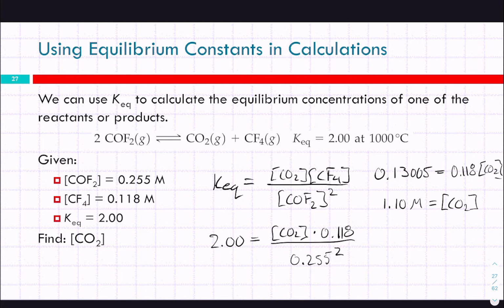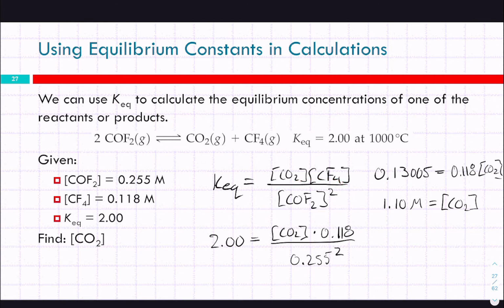So in this case, we had COF2. We also had carbon tetrafluoride. And we wanted to figure out the concentration of carbon dioxide gas at the end of this reaction. So we put together our equilibrium expression first. CO2 and carbon tetrafluoride are our products, so they go on top.